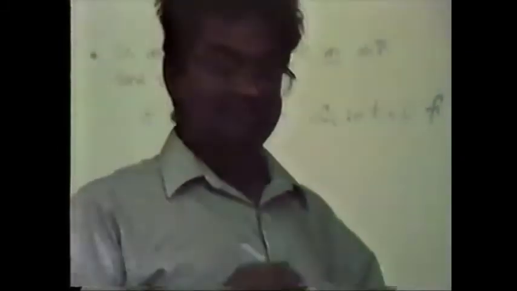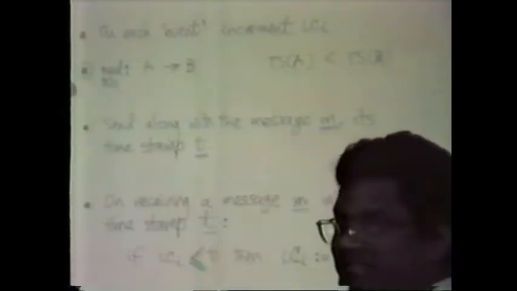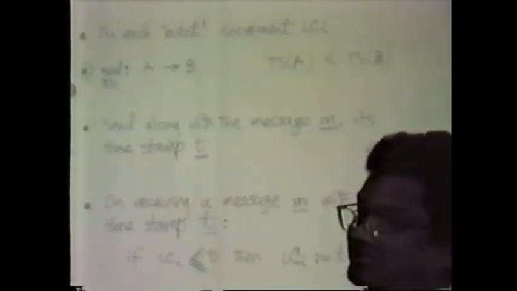If your logical clock is less than T, ignore the equals, it seems to confuse things. What has happened here? Somebody sent you a message at 10 a.m., and you look at your wristwatch and it says 9:30.